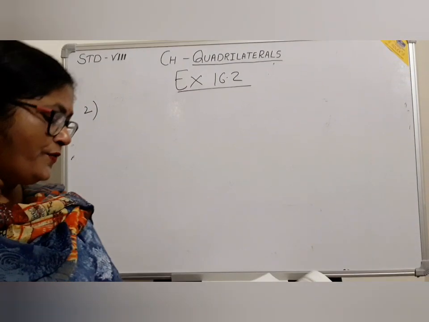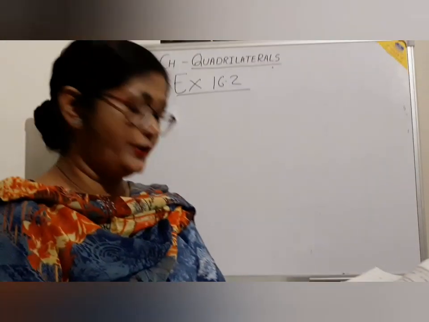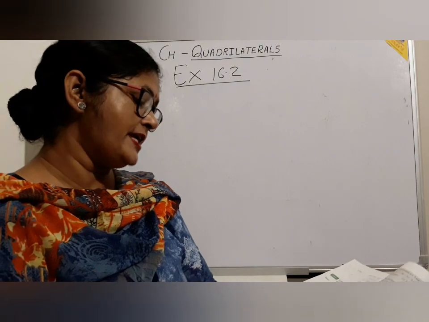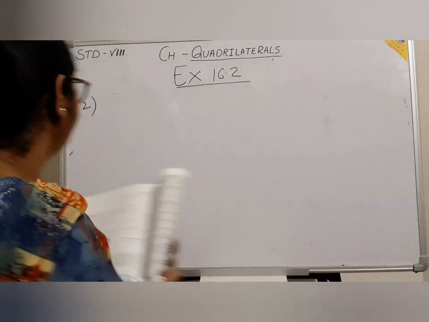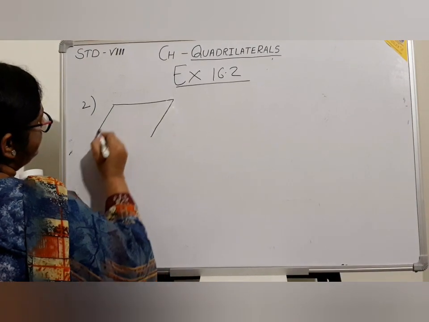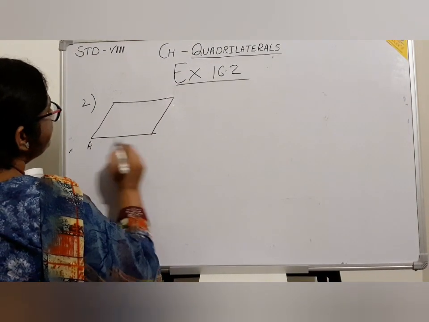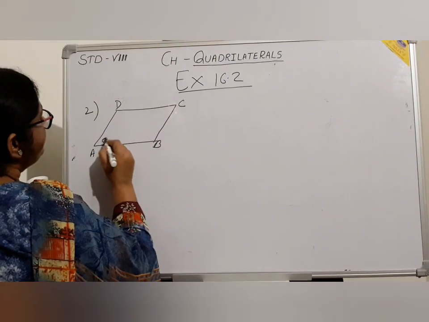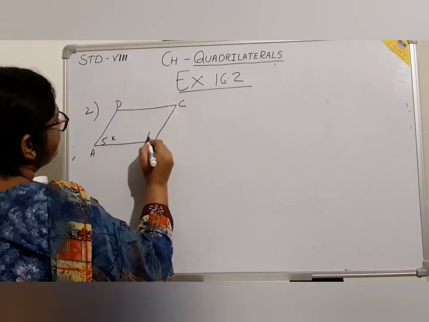The measure of two adjacent angles are in ratio 5:4. Find the measure of each angle of a parallelogram. This is a parallelogram. Angles are in ratio, first 5, second 4.